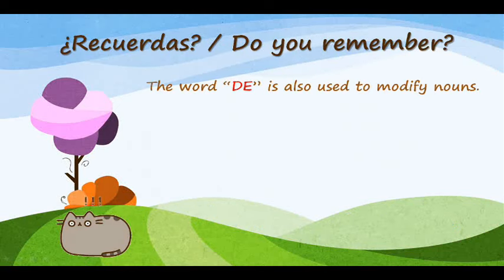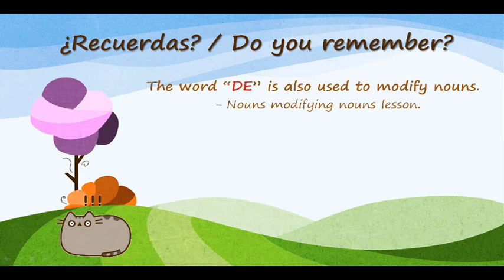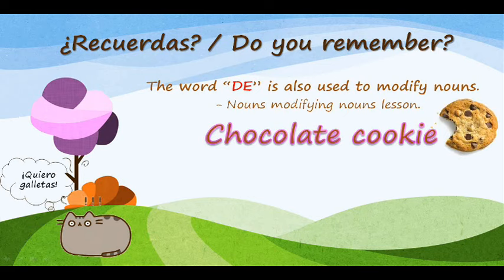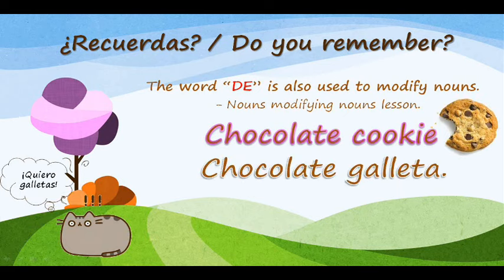Also, the word de has multiple uses. It's used to show possession, but it's also used to modify nouns. And I don't want you to get confused with the nouns modifying nouns lesson and the possession lesson. So just to review, a chocolate cookie, we learned that you do not say chocolate galleta or galleta chocolate.